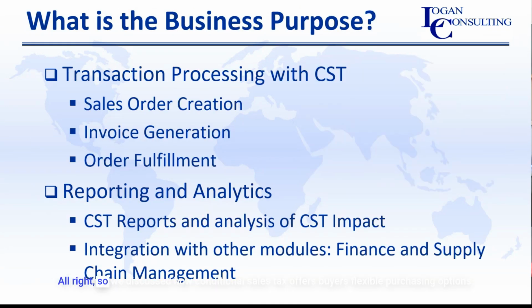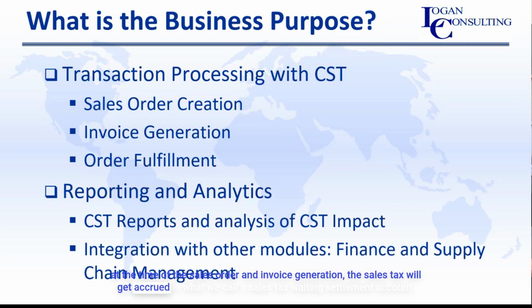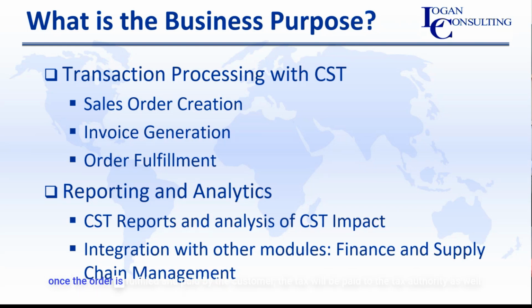All right, so we discussed how conditional sales tax offers buyers flexible purchasing options. What's nice about the functionality in D365 is it will actually all get calculated behind the scenes. At the time of the sales order and invoice generation, the sales tax will get accrued in what we call a sales tax awaiting settlement account. Once the order is fulfilled and paid by the customer, the tax will be paid to the tax authority as well.